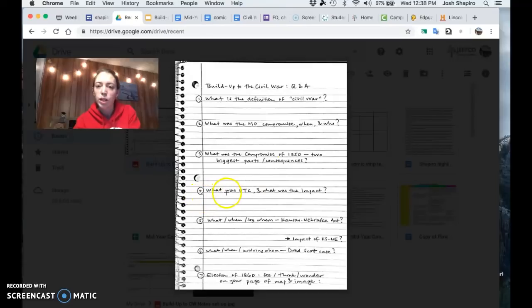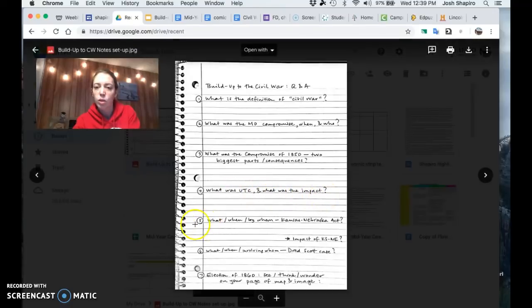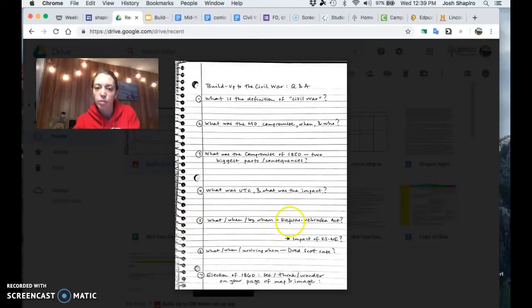Question 4 is, what was Uncle Tom's Cabin? I'm abbreviating it UTC. And what was the impact? Question 5, what, when, and by whom? So basically about the Kansas-Nebraska Act. So what was it, when did it happen, and by whom? Who proposed this thing anyway?